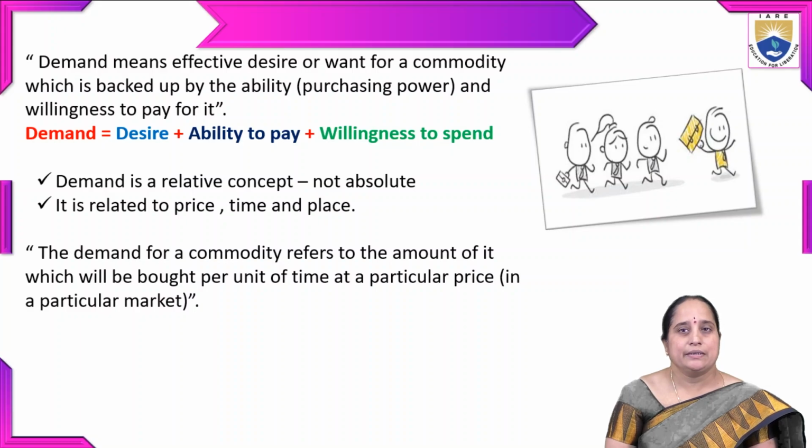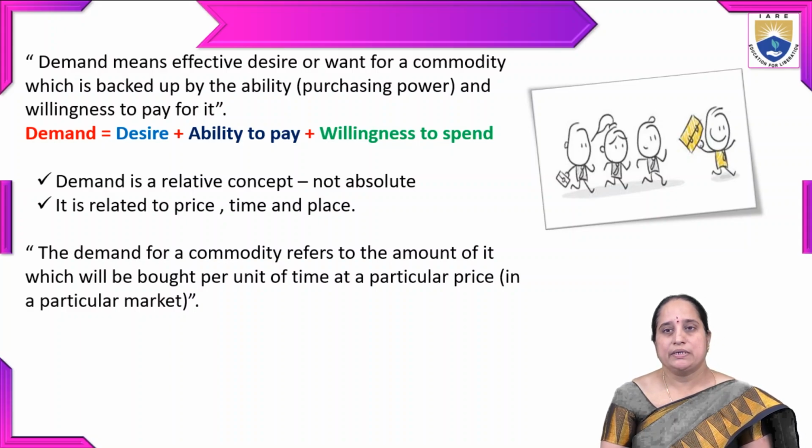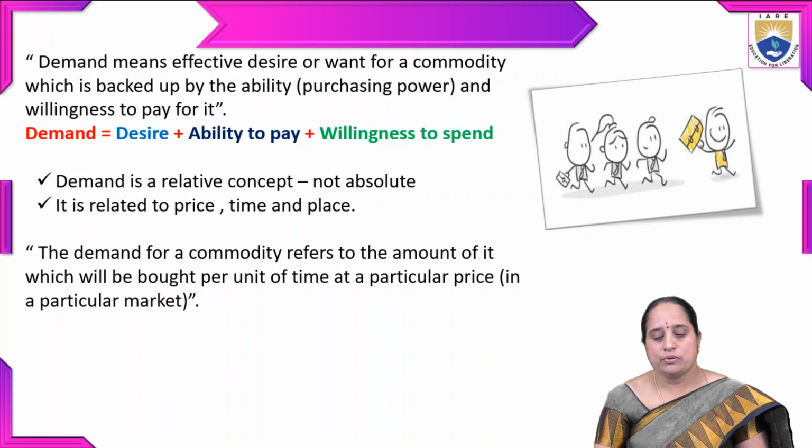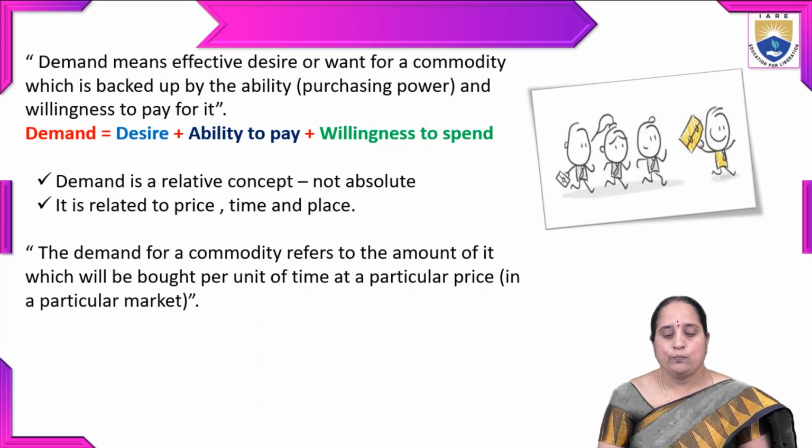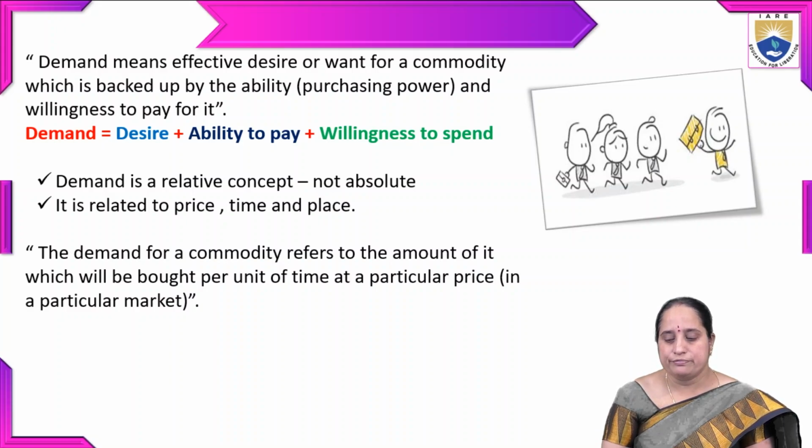It is a relative concept, not absolute. Why is it relative? It may vary from person to person. It is related to price, time and place. Based on that, the demand may be created. The demand for a commodity refers to the amount of it which will be bought per unit of time at a particular price in a particular market.